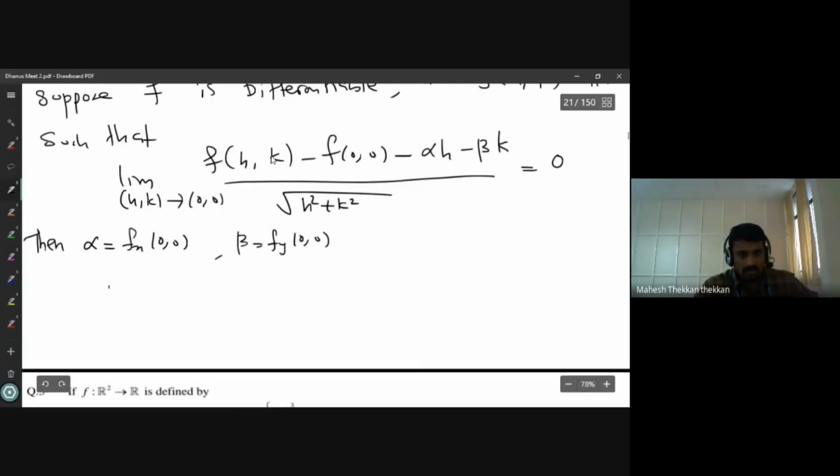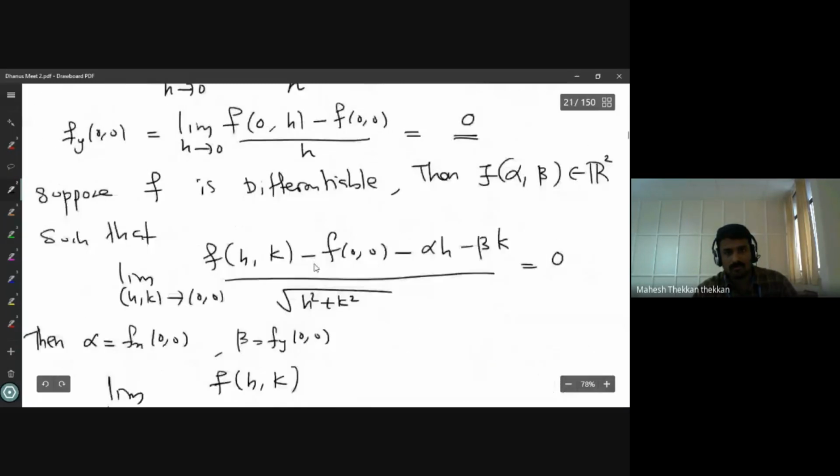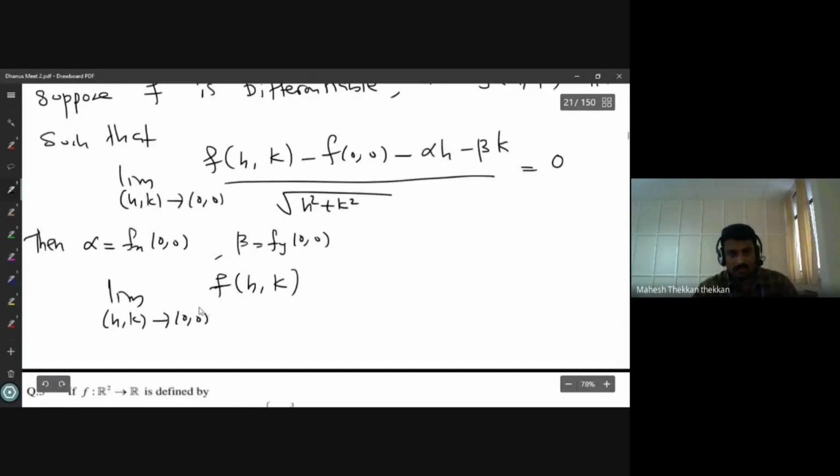So if I substitute here, I can write the limit as (h,k) tends to (0,0) of f(h,k) divided by the square root of h square plus k square.